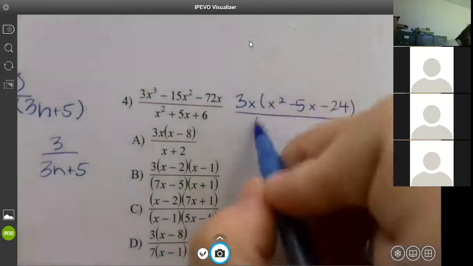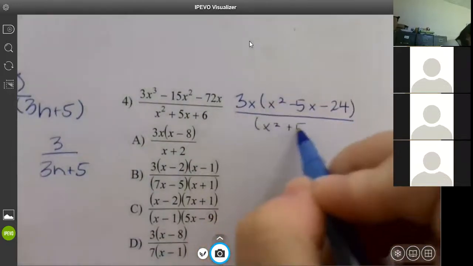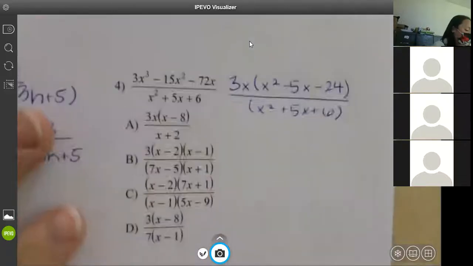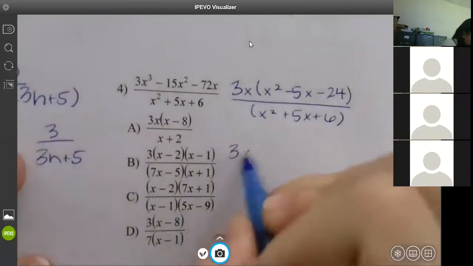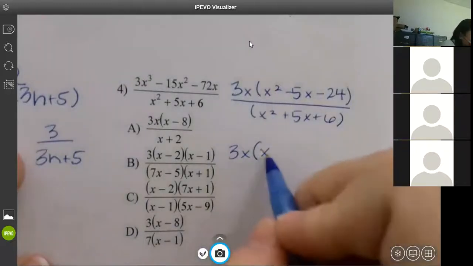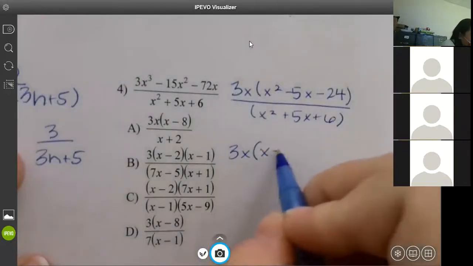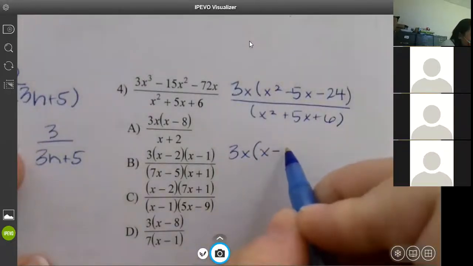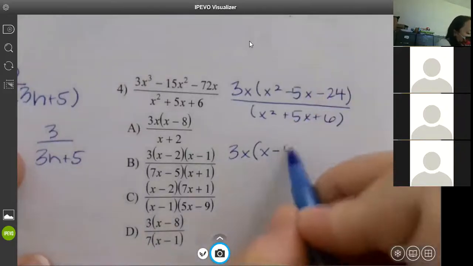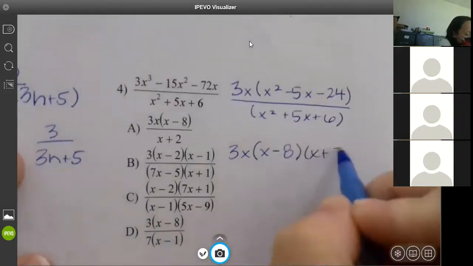On the bottom, I'm going to leave it alone for just a second. Both the top and the bottom can be factored, so we're going to go ahead and factor it. Leave your 3x out here. What are your factors of negative 24 that add to negative 5? Negative 8 and positive 3.